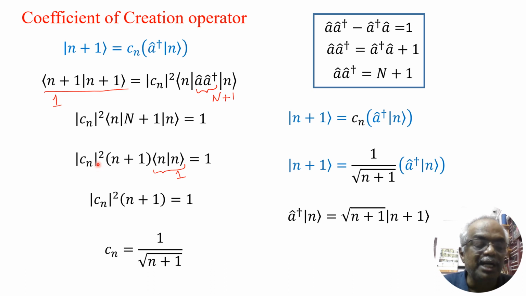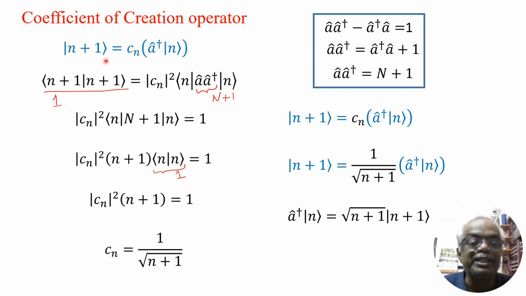That means |Cn|² times (n+1) is equal to 1. That means Cn is equal to 1 over the square root of n+1.